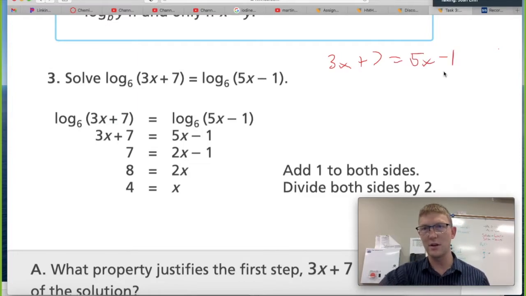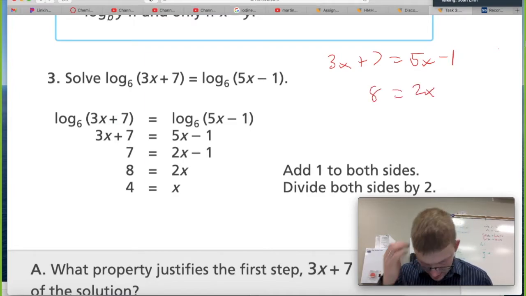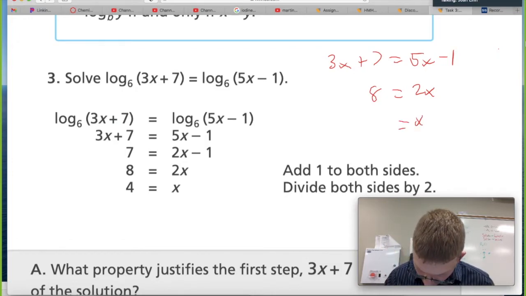This is something that I hope you can solve by this point. You put the x's on one side, the numbers on the other. Let's put the x's on the right. So then we will have 2x equals 8. So x equals 4.